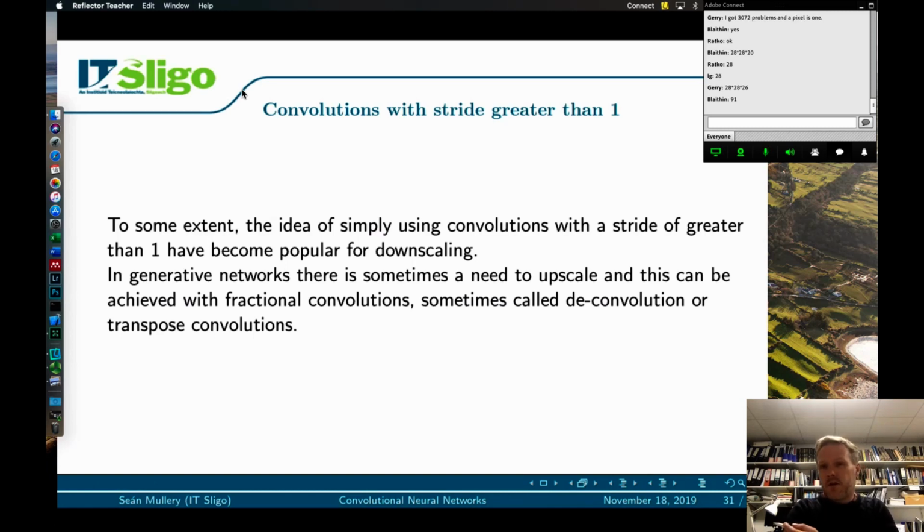Now, one thing that concerned me, obviously coming from a DSP and computer vision background, was that we would do this downscaling either by max pooling or by these strided convolutions, and we would do no anti-alias filtering before that. That's not something that happens.